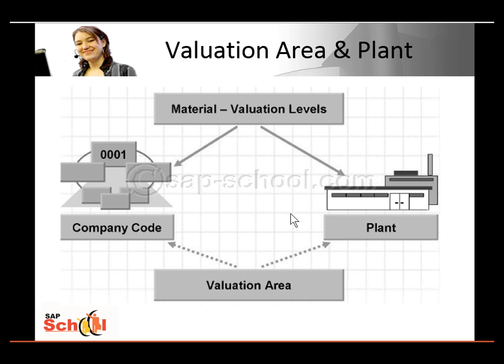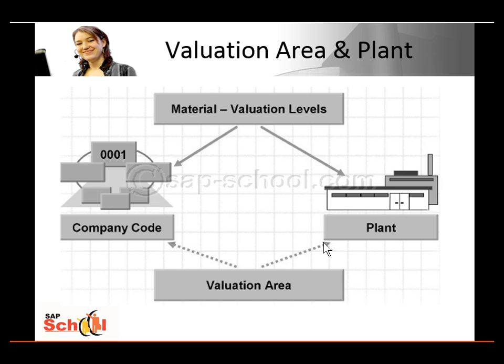Option 2. Valuation area equals plant. The valuation data of a material is created for each plant. Price control and the price of a material apply per plant. The same material can thus be valuated differently in different plants. In a production system, the valuation area cannot simply be switched from plant to a company code or vice versa.